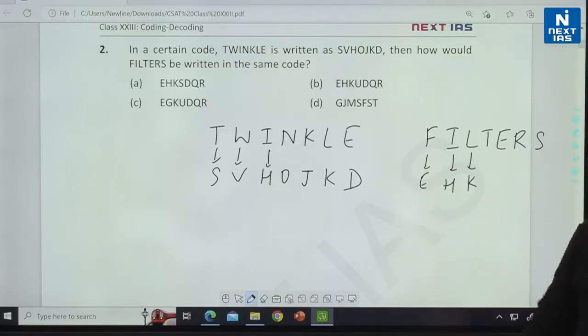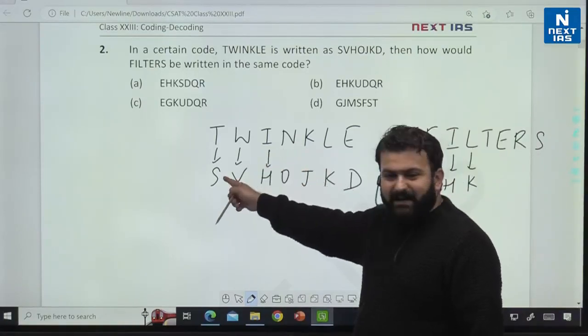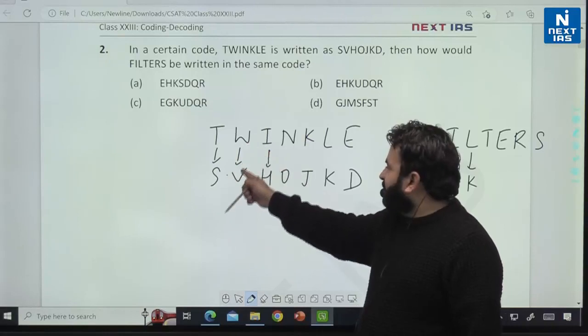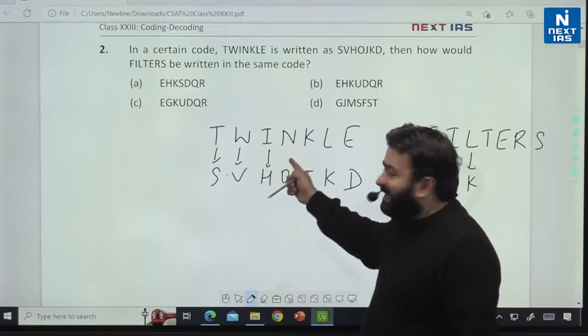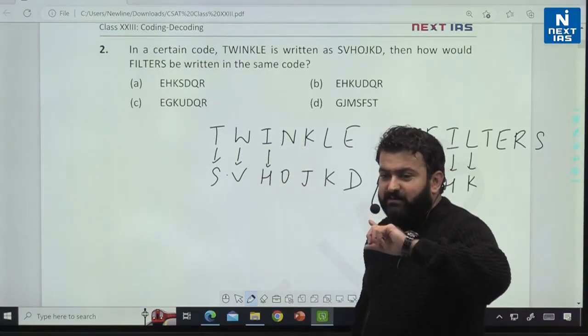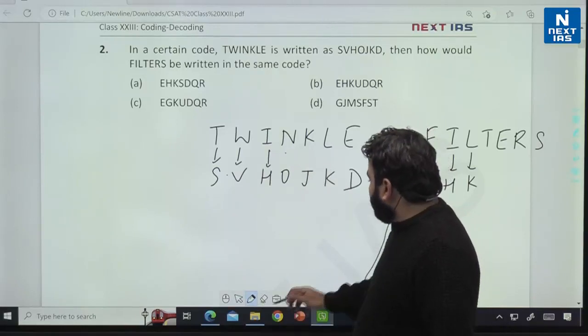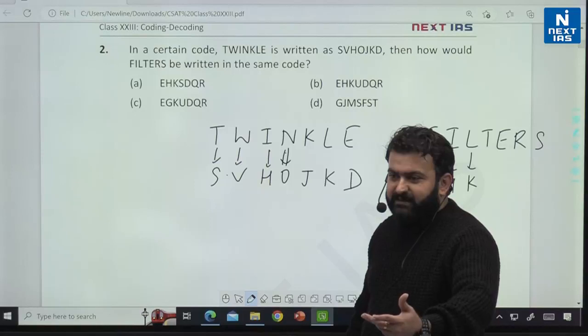Still I am asking you all. Here, T is replaced by a letter before, W is replaced by a letter before, I is replaced by a letter before. But N, the middle letter, is replaced by O, a letter ahead of it.